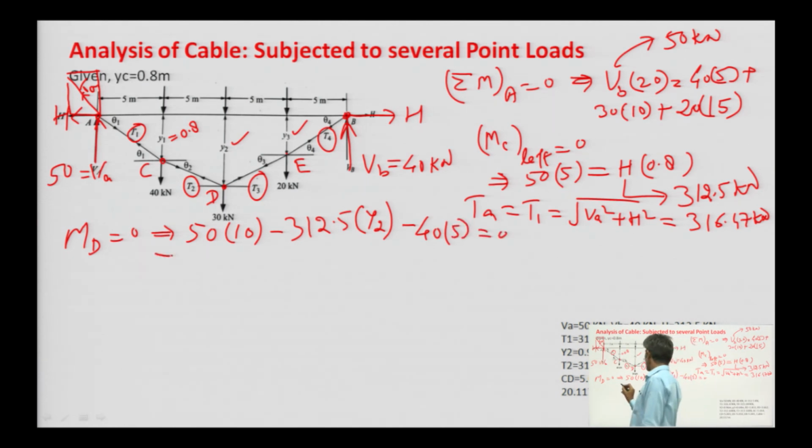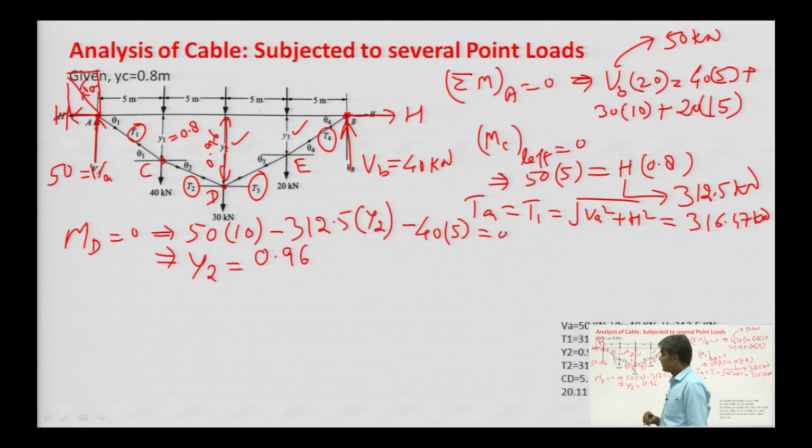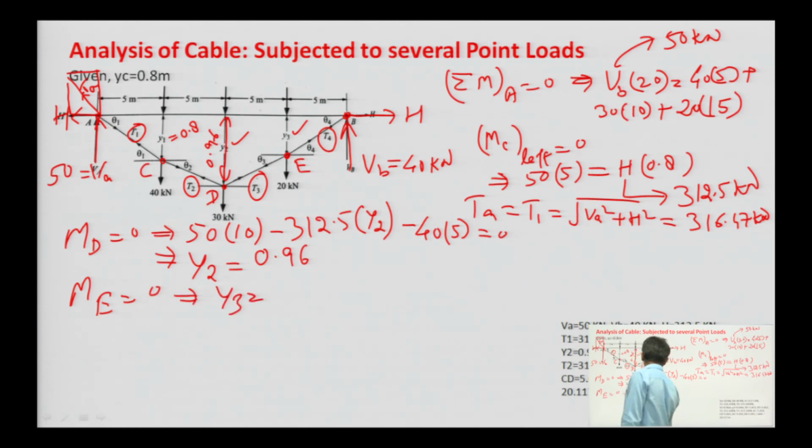That gives the value of y2 as 0.96. Similarly, we apply the bending moment at point E equals 0. Then we get the value of y3 as 0.64 meter, calculated in a similar manner.